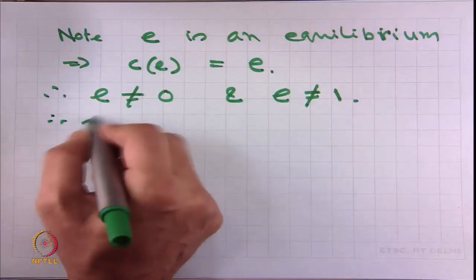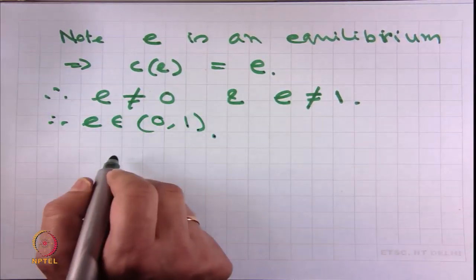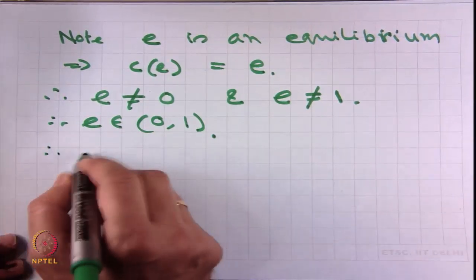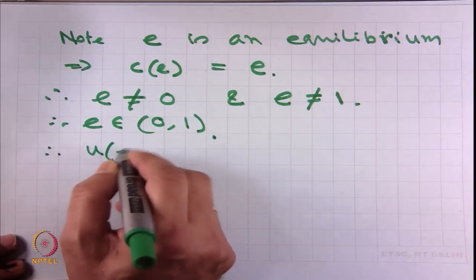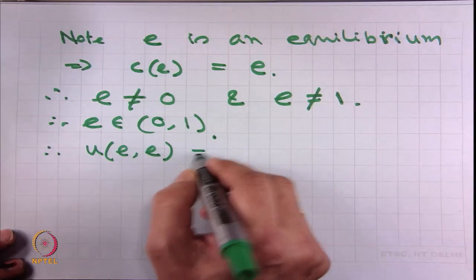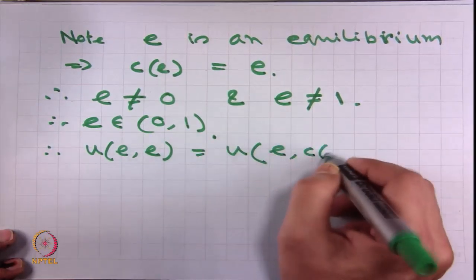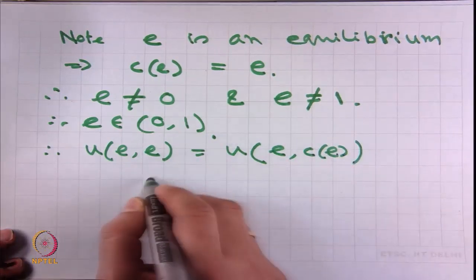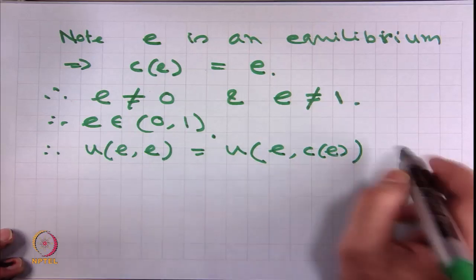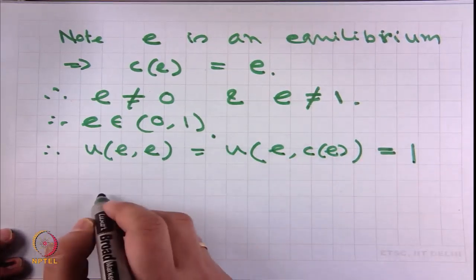Therefore, E lies in the open interval 0 to 1. Therefore, U of E comma E is equal to U of E comma C of E, because C of E is the same as E, which is equal to 1.